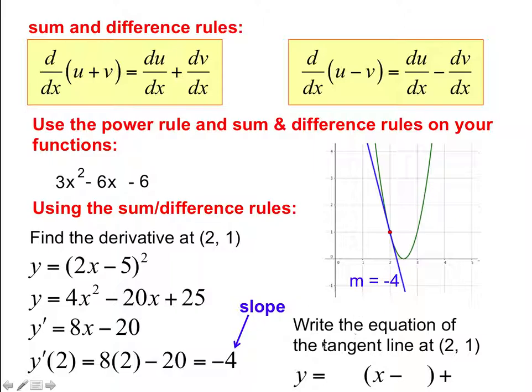Remember, our slope point formula looks like this. So it's y equals, our slope value goes there, negative 4, times x minus our x coordinate goes there, 2, plus our y coordinate goes here, 1. So this blue line has an equation of y equals negative 4 times the quantity x minus 2 plus 1.